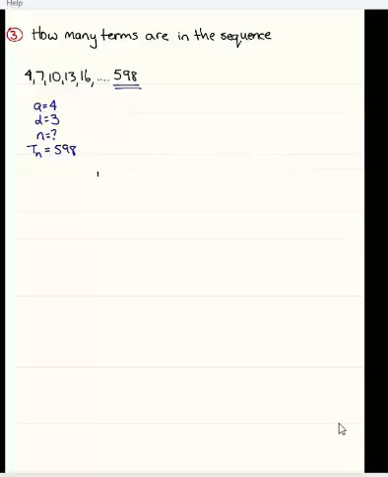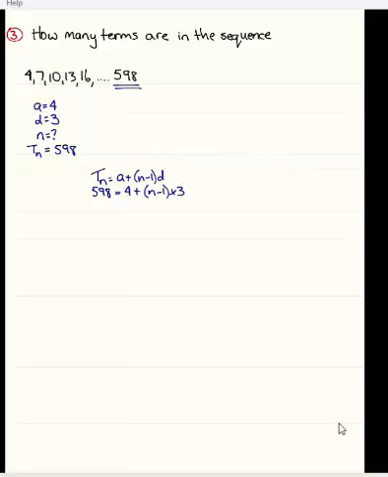Start off with our formula again: Tn equals A plus n minus 1 d. Then 598 is equal to the first term plus, and we don't know what n is, so we keep it as n minus 1 times 3, because we know the difference is 3.